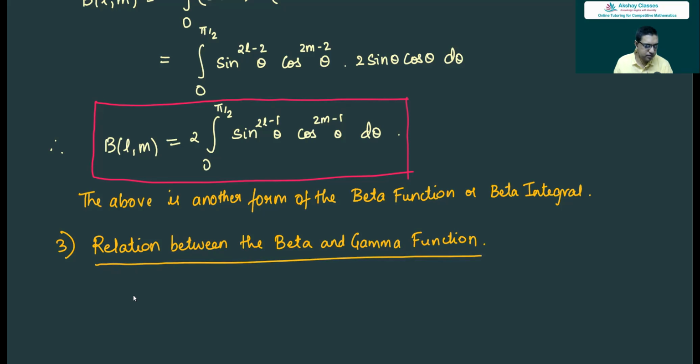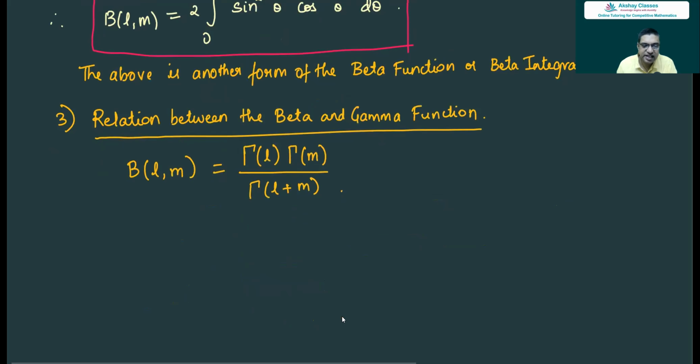So, beta function is defined like this: beta of L comma M is gamma of L into gamma of M by gamma of L plus M.